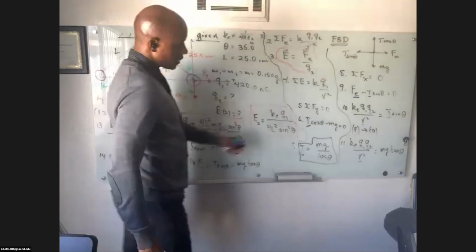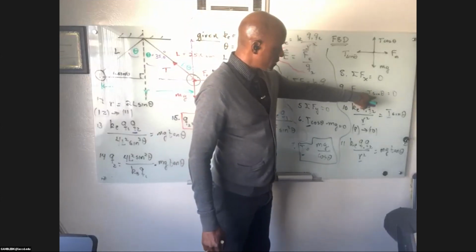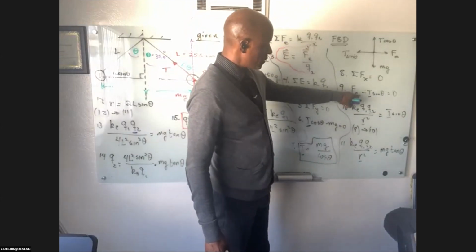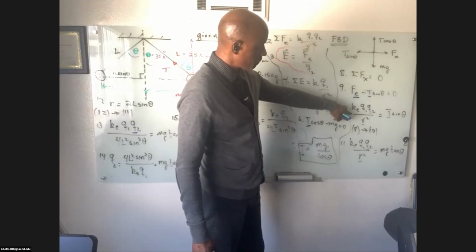Professor, real quickly, how is T sine theta equal to mg tan theta? Since it's here, from here, Fe is equal to minus T sine theta, right? Because this is Fe. You see that?